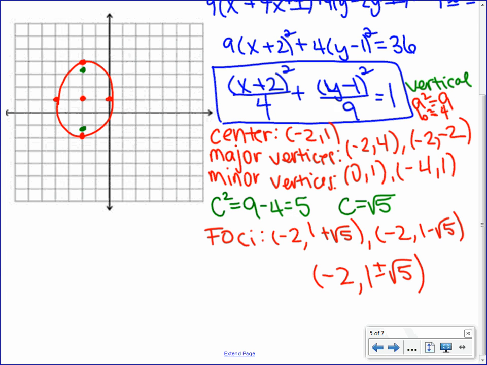Okay? If it's irrational, you can just write it like that. What's the eccentricity? Do you agree? Any questions?